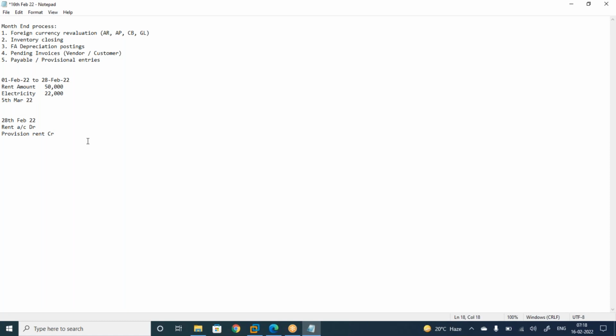Next, they will do a reversal entry on 1st March 2022: provision for rent debit to rent account credit. This is one method. Usually this is for electricity kind of thing.